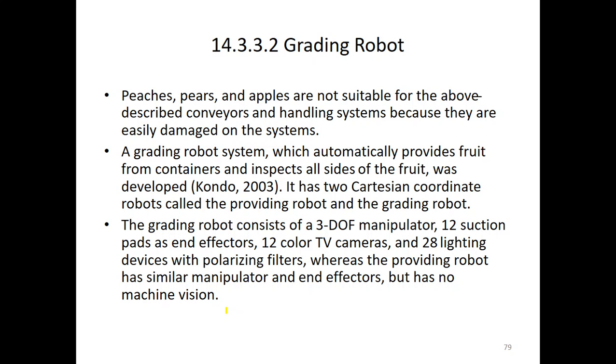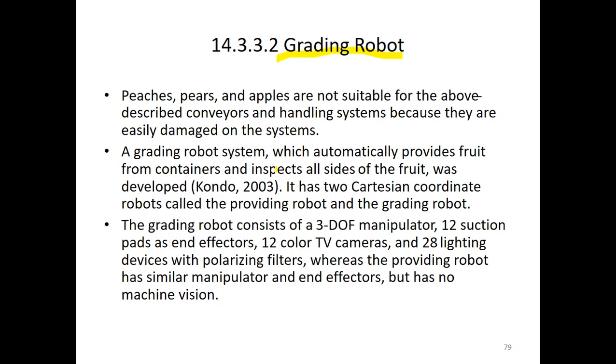On the other hand, we are using the robot. This section is about the grading robot. It says that peaches, pears, and apples are not suitable for the conveyor and handling system described above because they are easily damaged. They are very soft on the surface after they mature, right?